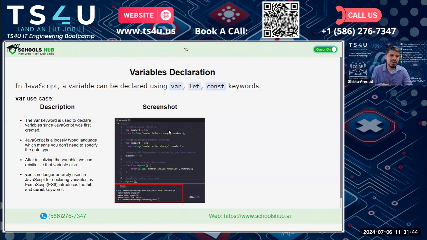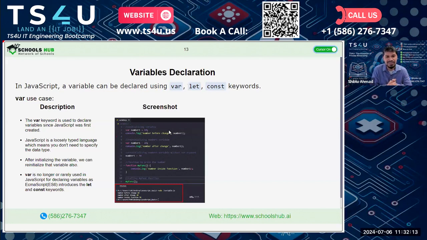Var is rarely used in JavaScript anymore. As ECMAScript introduced let and const, those are being used. Developers do not use var anymore because var was introduced in the very beginning. Var is used in the C language as well, so it is not just JavaScript.